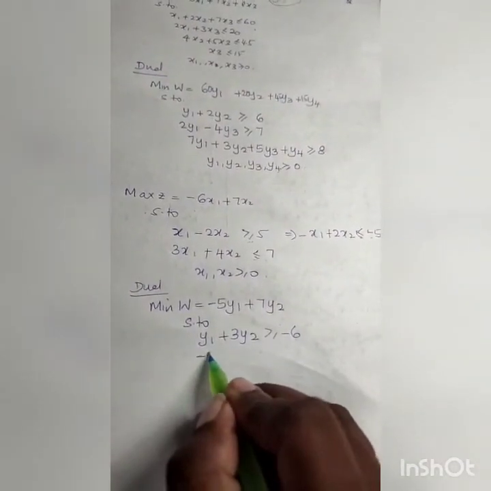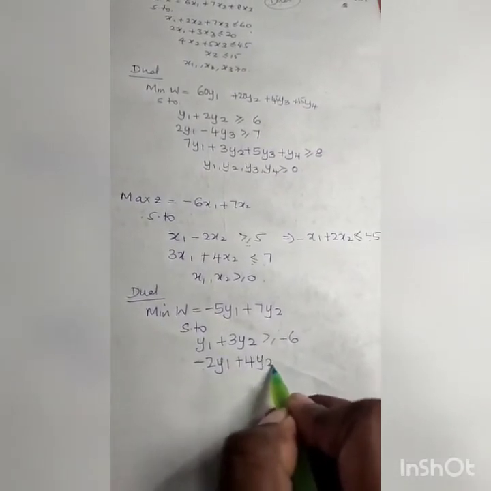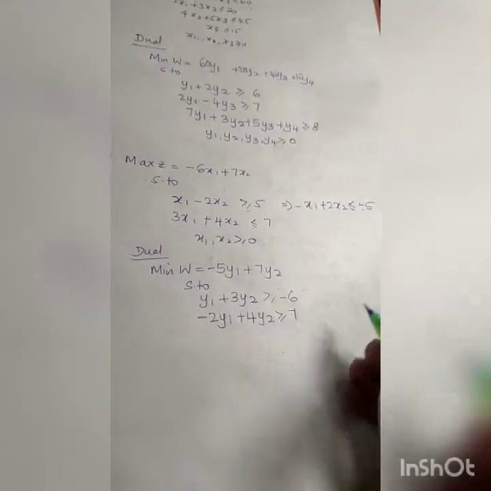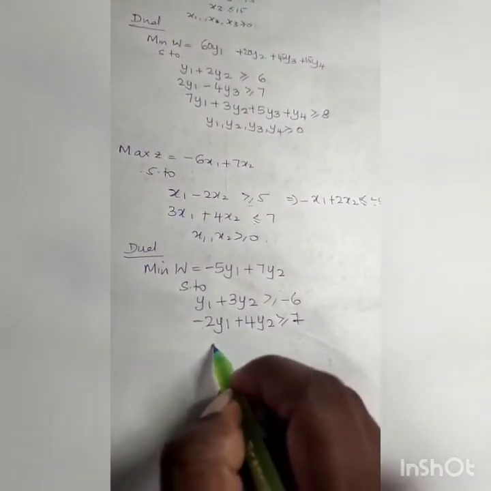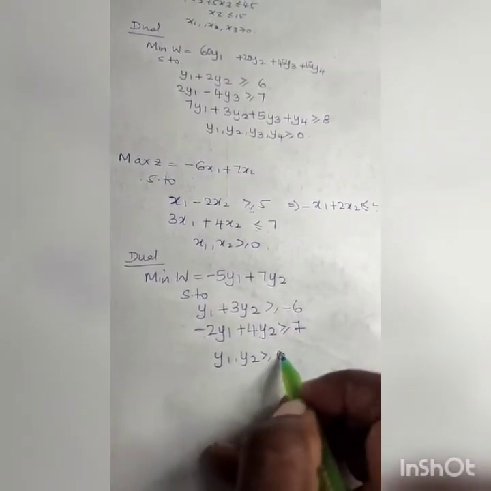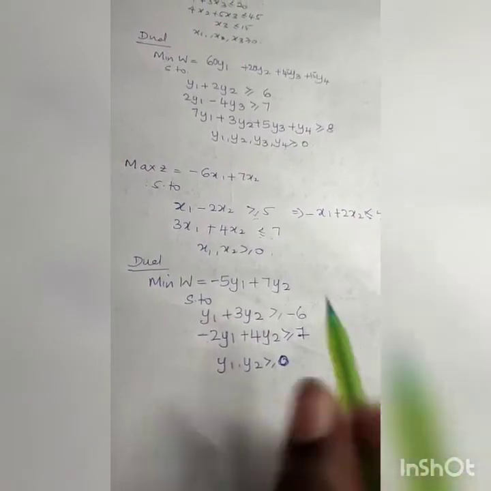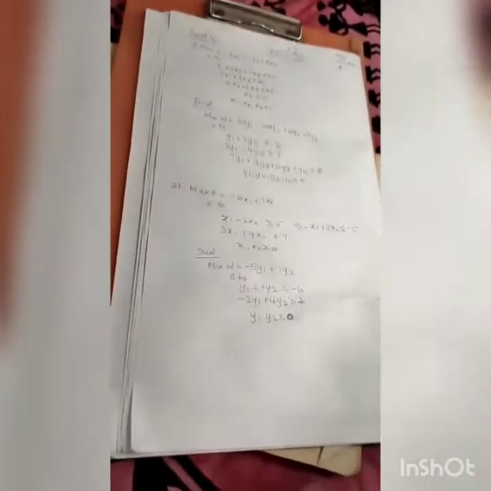The second is minus 2y1 plus 4y2 greater than or equal to 7, and y1, y2 are greater than or equal to 0, because this has become less than or equal to, so no problem. So this is how you convert.